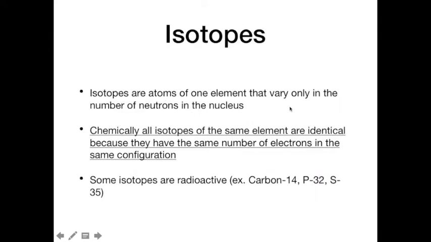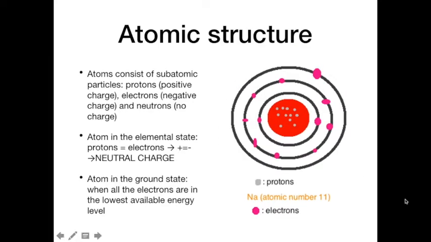So, what are isotopes? Isotopes are atoms of one element that vary only in the number of neutrons in the nucleus. I told you that when we say that sodium has an atomic number of 11, we can deduce from that that it has 11 electrons and 11 protons in the elemental state. We cannot say how many neutrons it has.